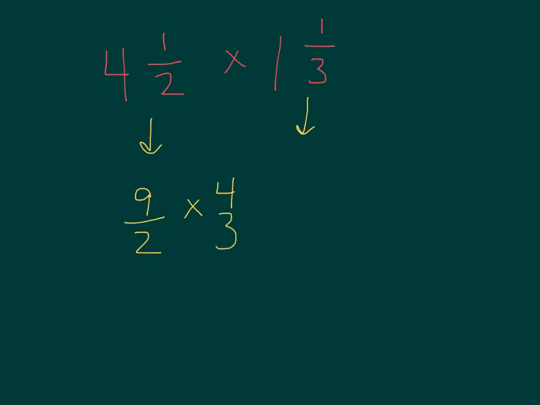Notice how I took both of these mixed numbers and changed them into improper fractions. Now I can multiply them across. I can multiply the numerators together and the denominators together. 9 times 4 is 36. 2 times 3 is 6. 36/6 is the same thing as 6 wholes. The answer in this case is 6 wholes.